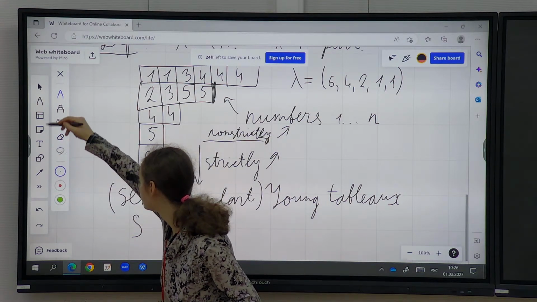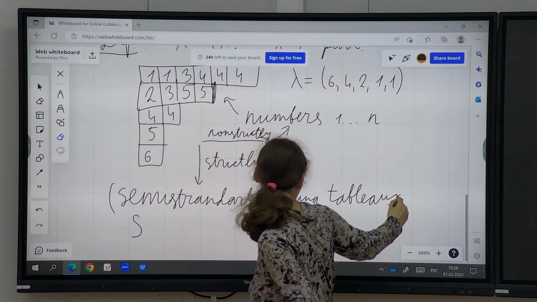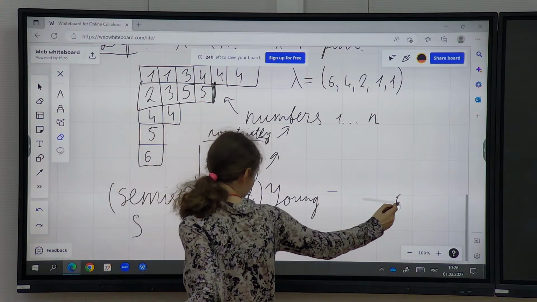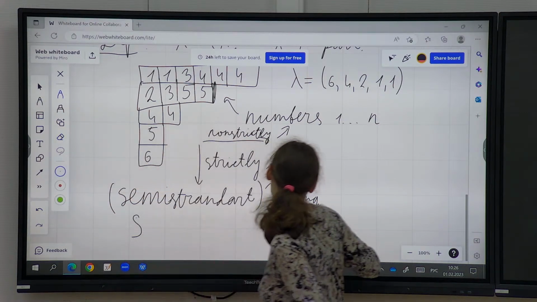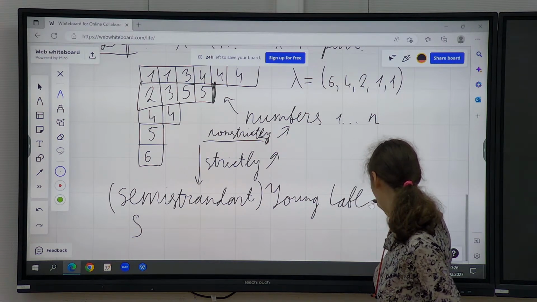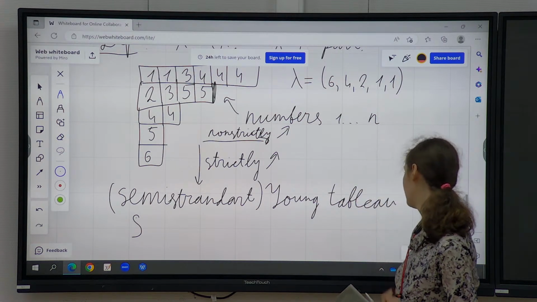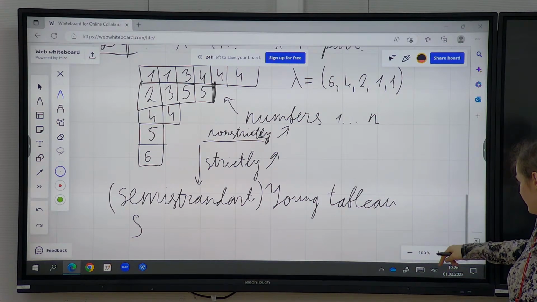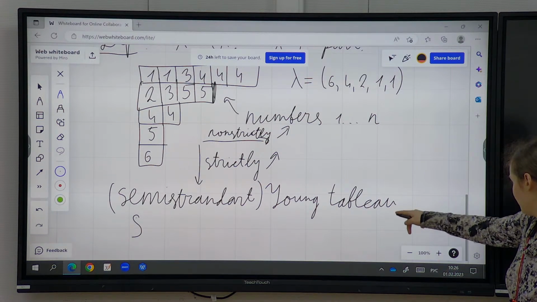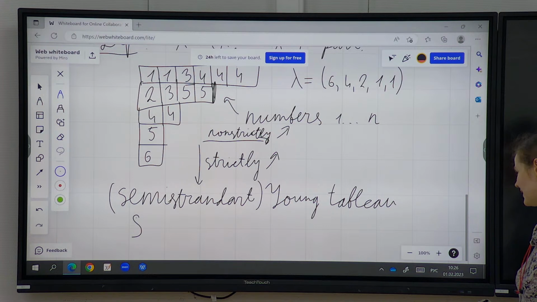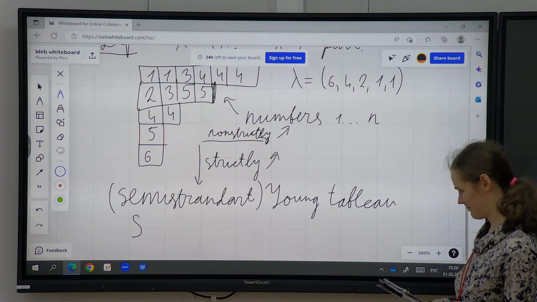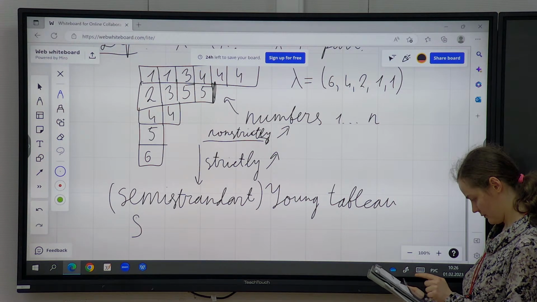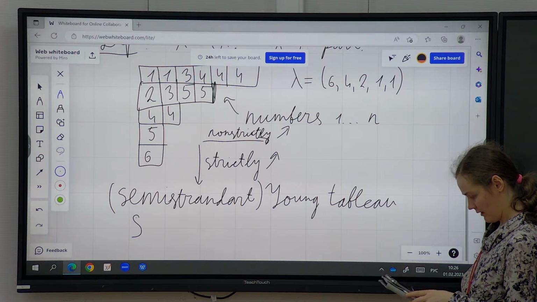Ничего, она нормально не стирается. Табло в единственном числе, and plural is tableaux, tableaux with x. Sorry. Okay.